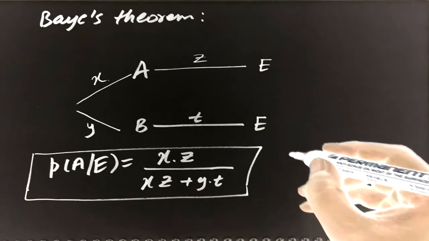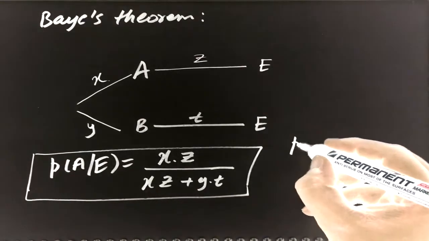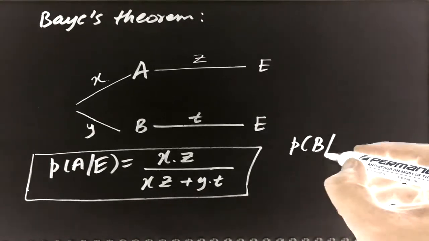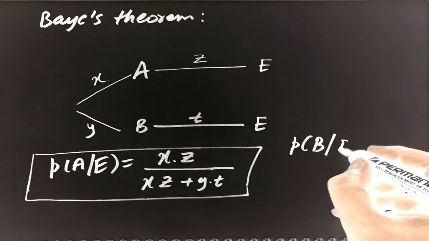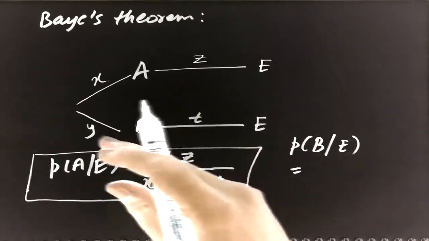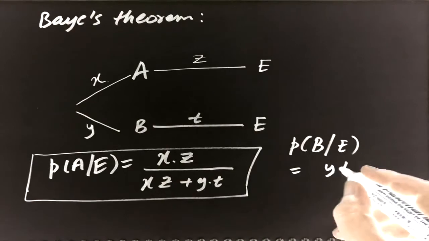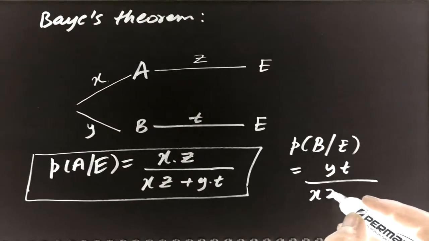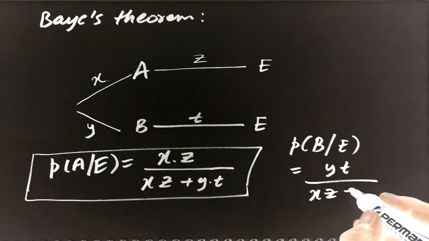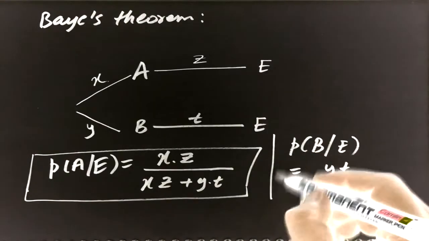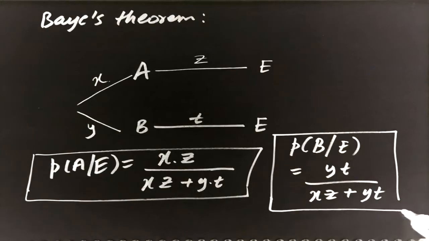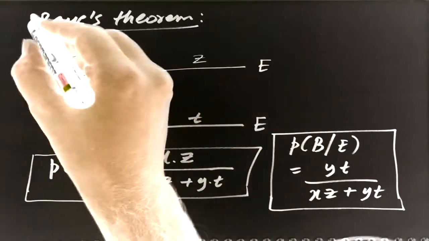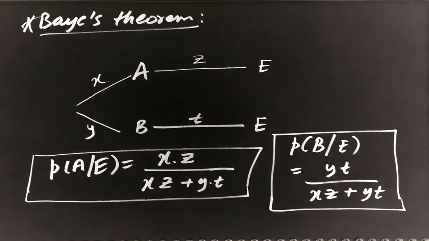This is the Bayes theorem. And similarly, if we want to find the probability of B when E has been done, then it will come out to be YT over XZ plus YT. So this is what Bayes theorem is.